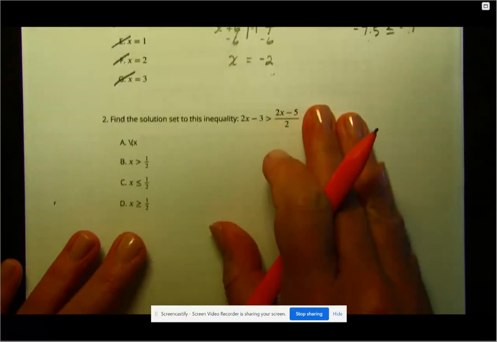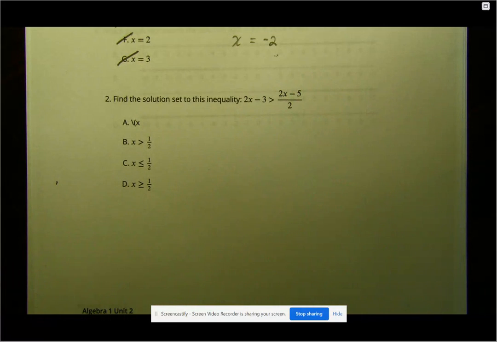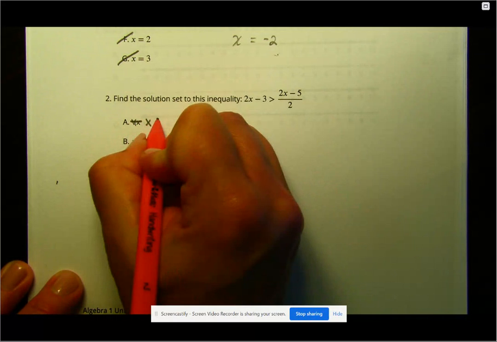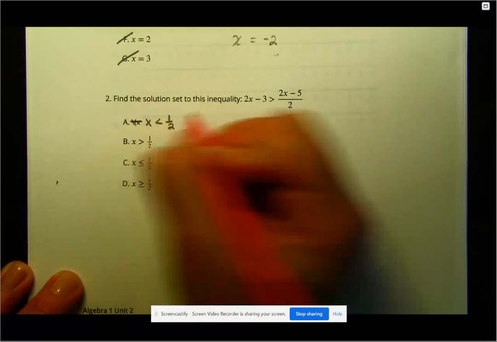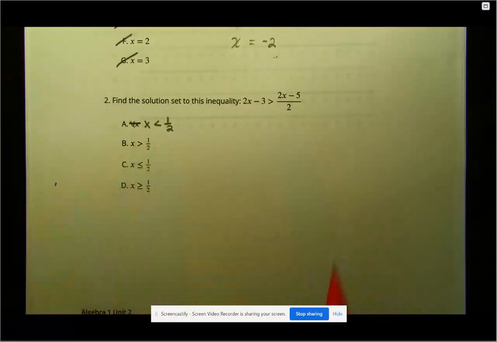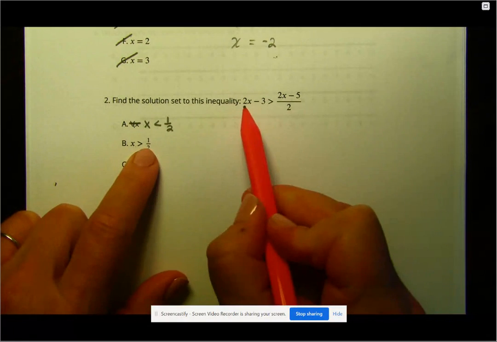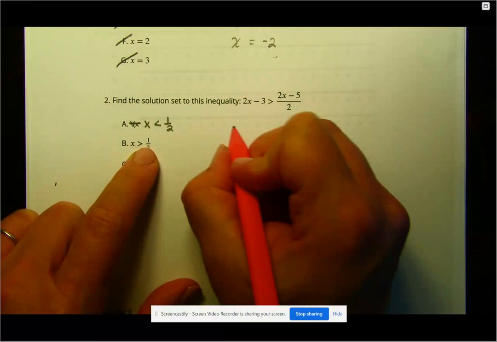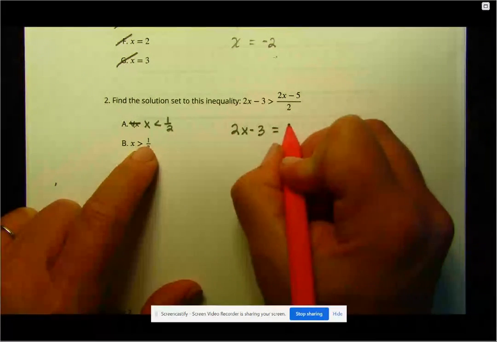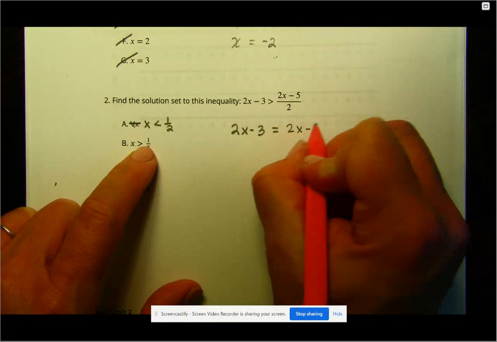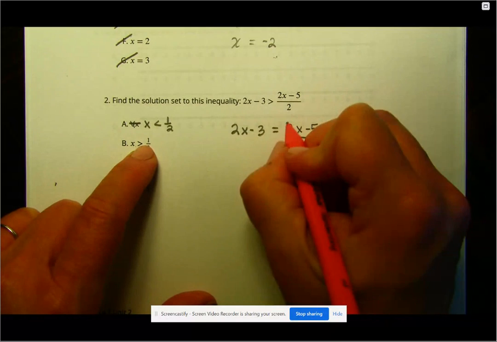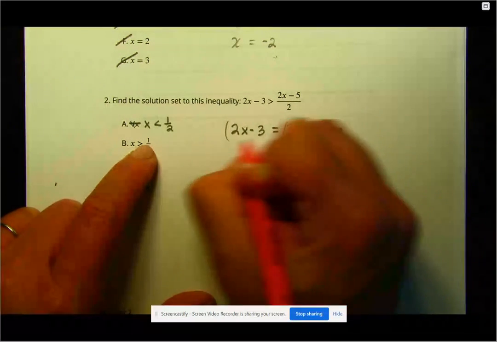Okay. Next problem. This is a PDF, and it printed this off all weird. Find the solution set to this inequality. So we want to know what values of x would make this true. First we're going to solve the related equation, replacing the inequality symbol with an equal sign. Then let's solve for x. Multiply both sides by 2.